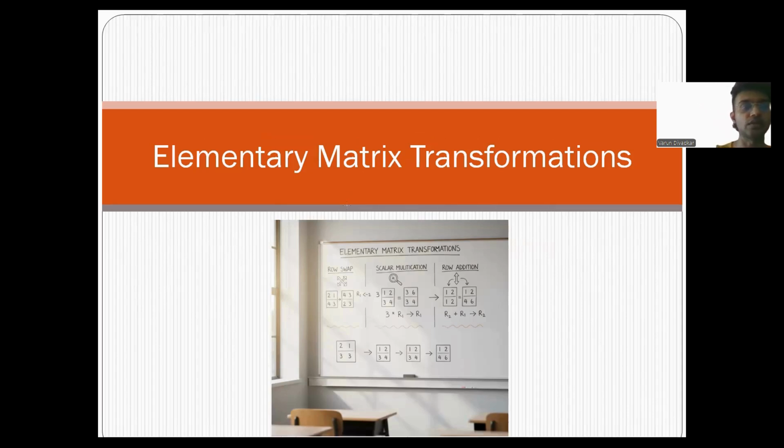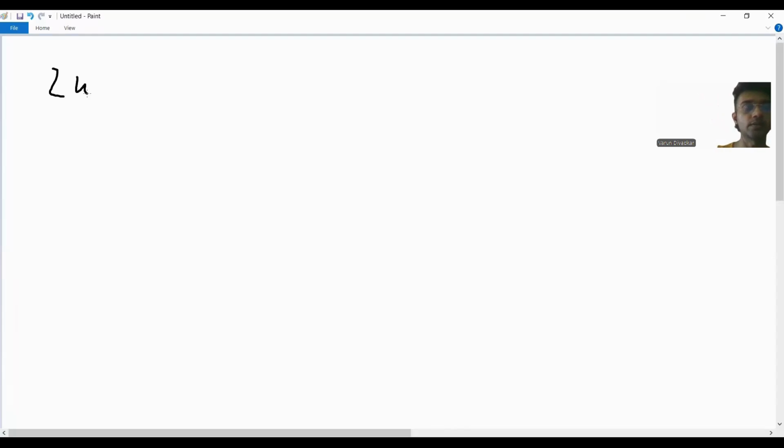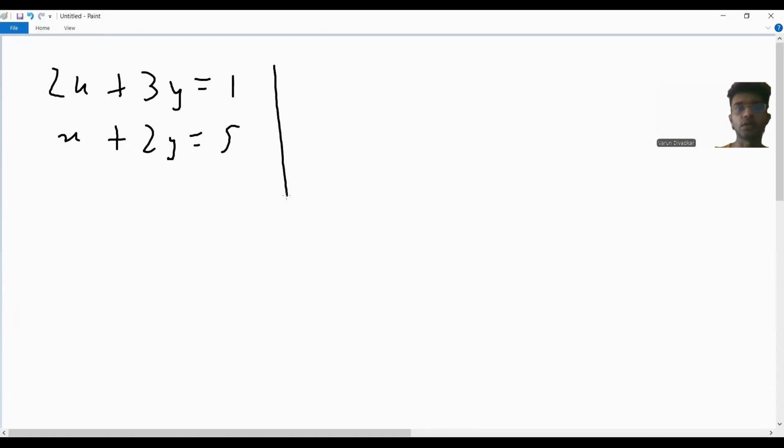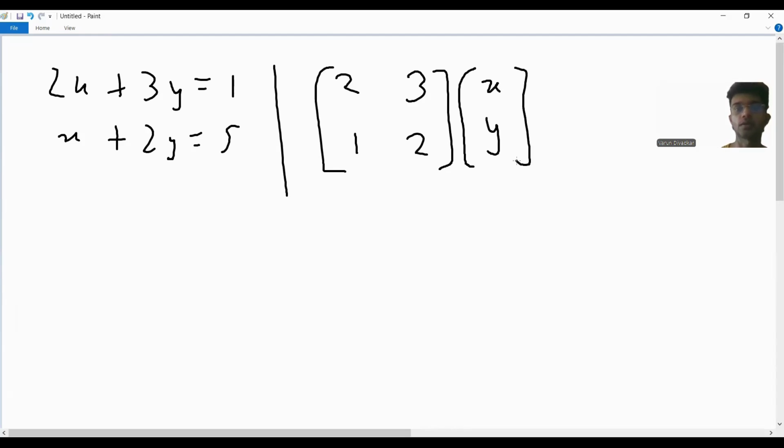Let's say we have a set of equations, like 2x plus 3y equals 1 and x plus 2y equals 5. In matrix form, how do we write this? It's going to be [2, 3; 1, 2] multiplied by [x, y] equals [1, 5].